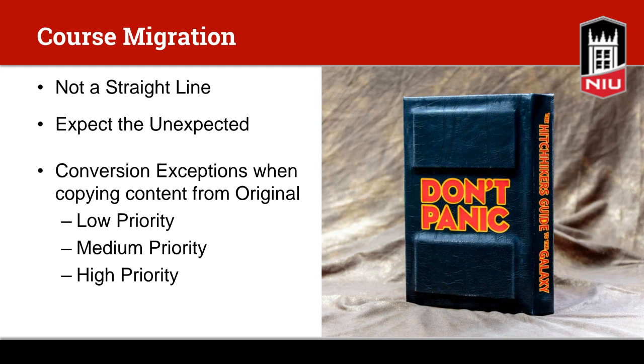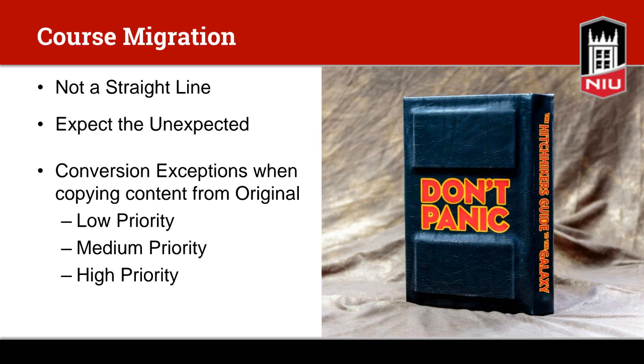When you copy over from original to Ultra, sometimes you will see these exceptions. They have different priorities. The low priorities you can almost ignore because they are very minor, for example, format changes or small items like that, things that really don't affect your course.